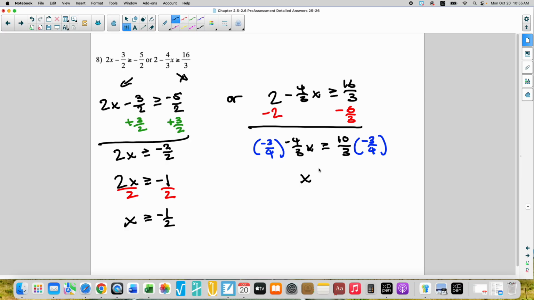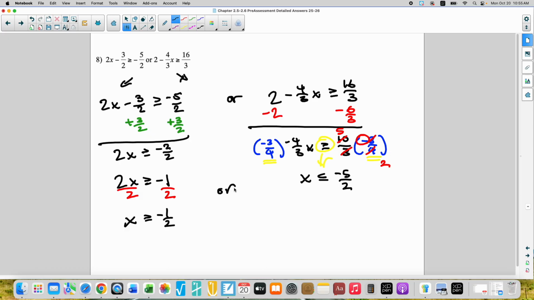And that leaves me with x. I'm going to flip the inequality sign. Don't forget to flip, because I multiply both sides by a negative. And I'm also going to cross cancel denominator, numerator, and then 2 goes into both of those. 2 goes into 4 2 times. 2 goes into 10 5 times. I'm not going to forget that negative. So I got negative 5 over 2.